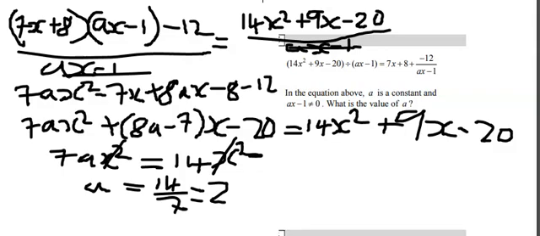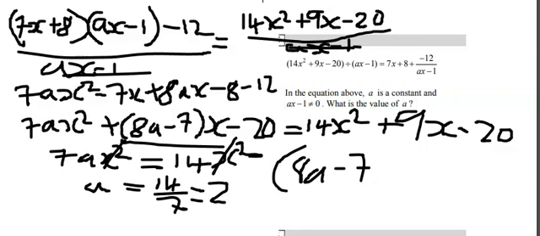If you don't want to use this, you can also use the x terms. If I use this particular one, we have 8a minus 7, remember that all these are in brackets, then x is equal to 9x.